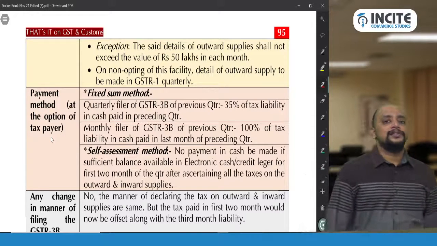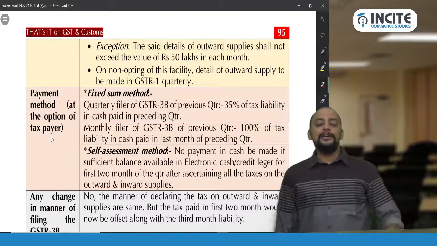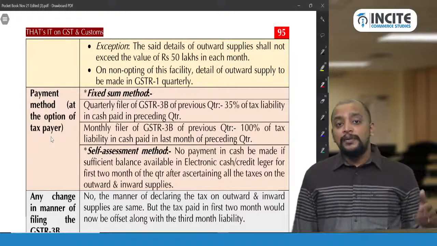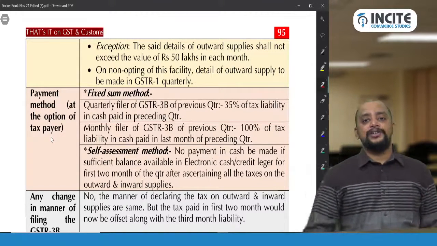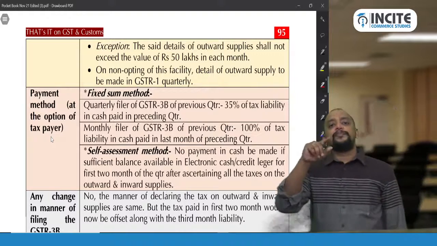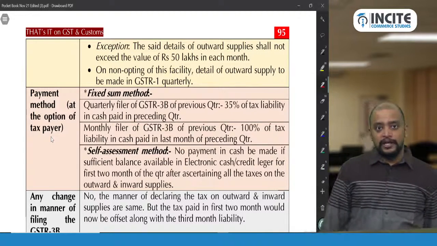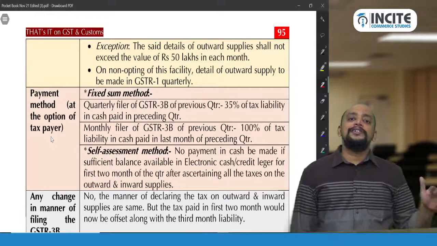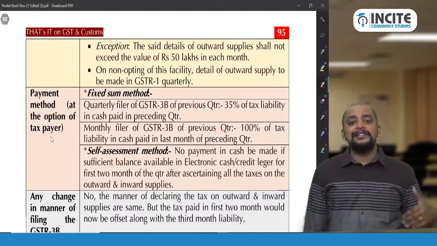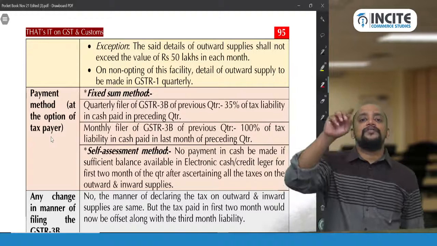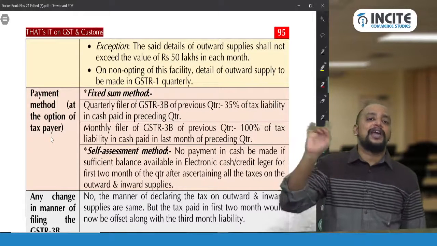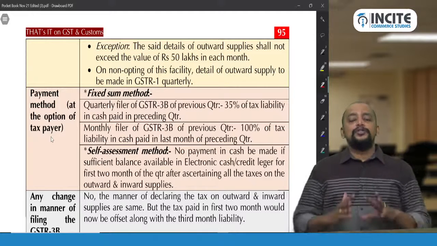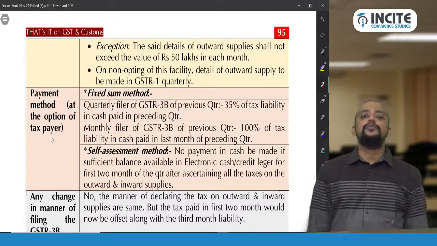So take that quarterly GSTR3B, and 35% of whatever liability you paid using the cash ledger you need to pay now. Okay. So take the previous quarter, in which you filed GSTR3B on a quarterly basis. 35% of the liability paid through the cash ledger will be discharged as tax for the current month. But you just have to deposit that using PMT6.